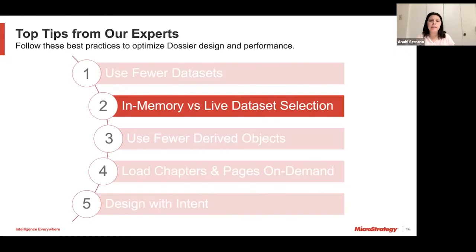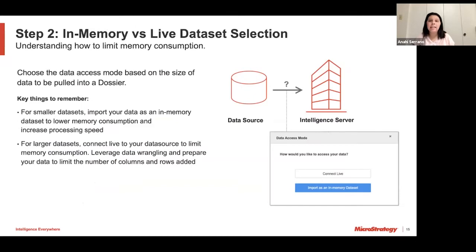Our second tip is, how are you going to add your data into your dossiers, in-memory or live dataset selection? So when you are pulling data into a dossier or pulling it from an external source into your Intelligence Server, you have two options. You can either connect live or import as an in-memory dataset.